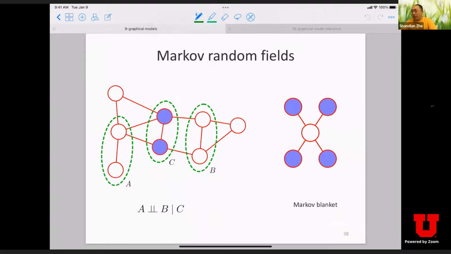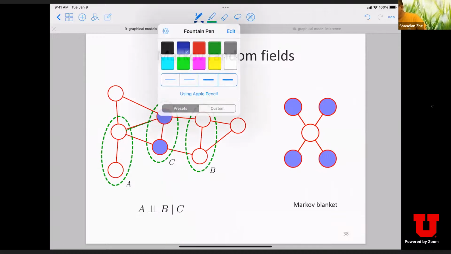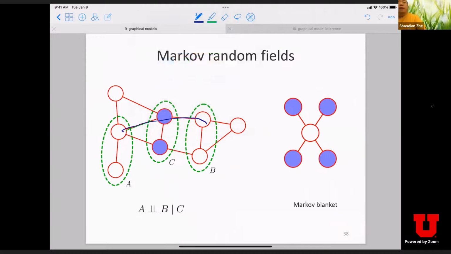In Markov random fields, testing conditional independence becomes much easier. You just look at all the paths from any node in A to any node in B, and you shade all the nodes in the condition set.